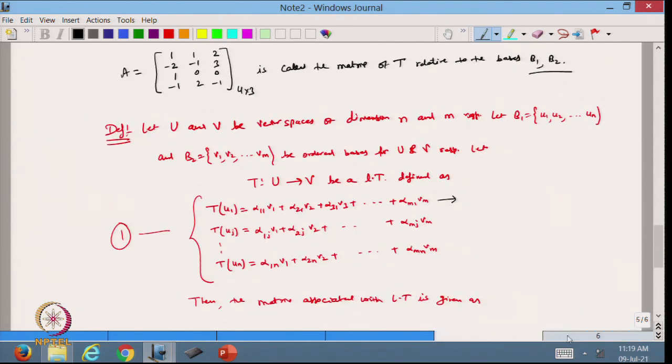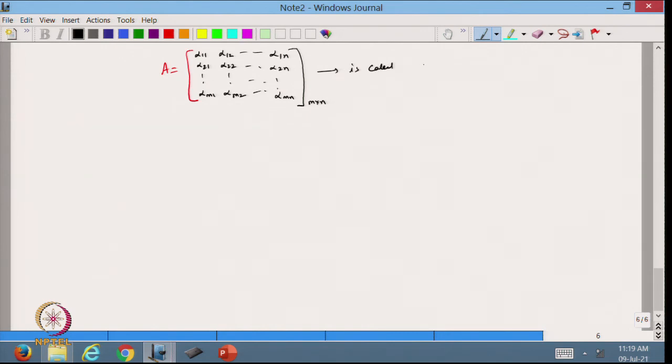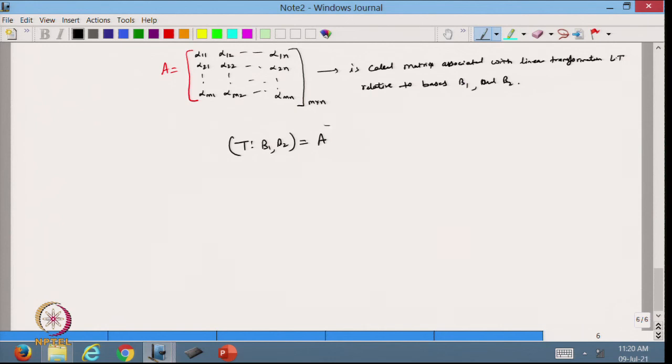So, the matrix associated with the linear transformation is given by this one and is called the matrix associated with the linear transformation LT related to bases B1 and B2, and we also sometimes represent it by T with respect to B1, B2, that is equal to my matrix A. So, this matrix is basically made up of the coordinates of the vectors.